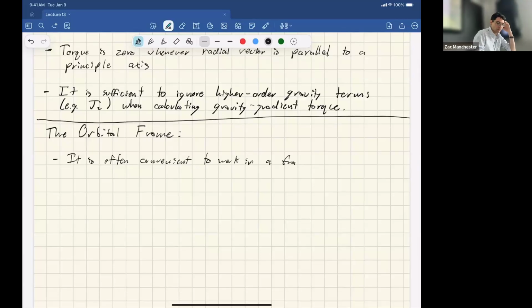It shows up in Earth observation. It also shows up a lot in rendezvous and proximity operations, where, has anyone seen the CW equations? Those are also written in this kind of RTN frame. So it's a frame that moves along with the satellite in orbit.